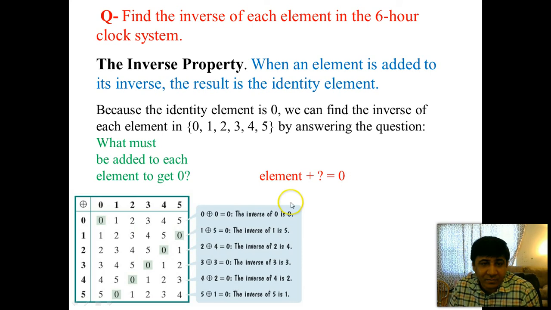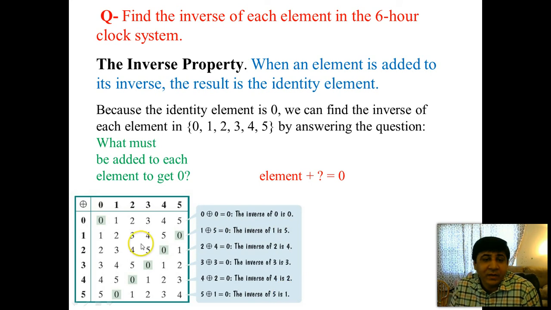For example, if you add 0 to 0, that will produce 0. So the inverse of 0 is 0. Similarly, if you add 1 to 5, that gives us 0. So the inverse of 1 is 5, and the inverse of 5 is 1 as well.